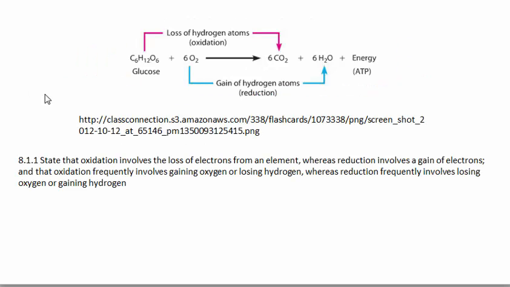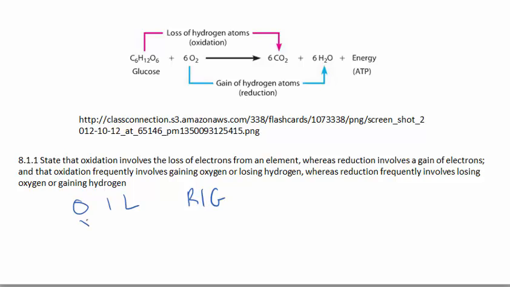Okay, so let's look at the first assessment statement. It says, state that oxidation involves the loss of electrons from an element, whereas reduction involves a gain of electrons. Now, the easiest way to remember this, as the book had said, is OIL RIG.